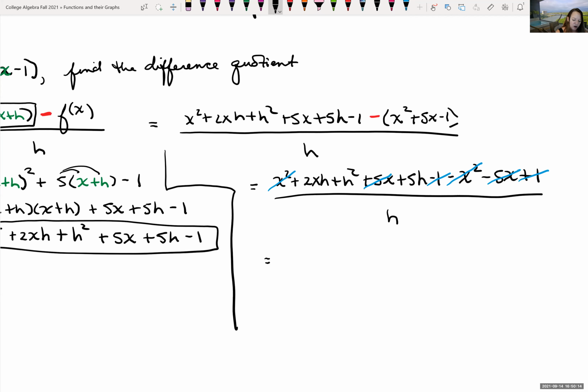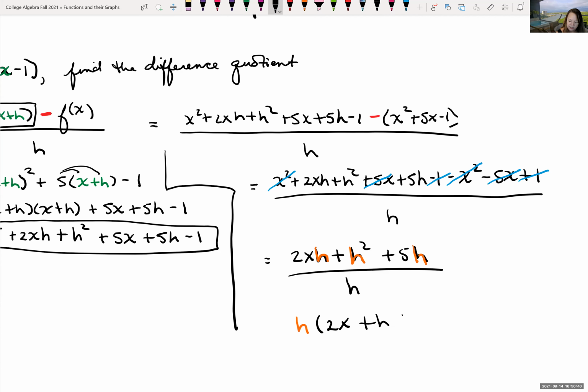And notice that in our numerator, all we're left with is that 2xh plus an h squared plus a 5h, all over h. Notice in this numerator, we can factor out an h. So if we pull out an h from that numerator, you're left with 2x plus h plus 5, all over h.